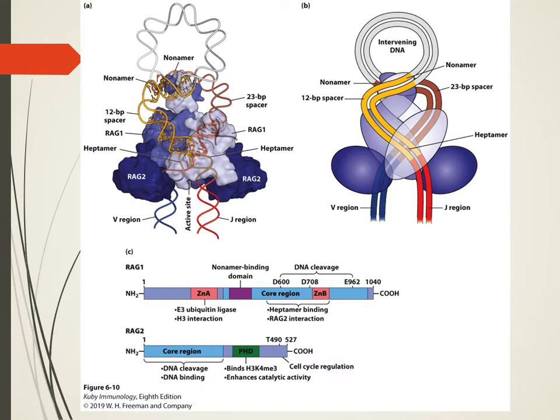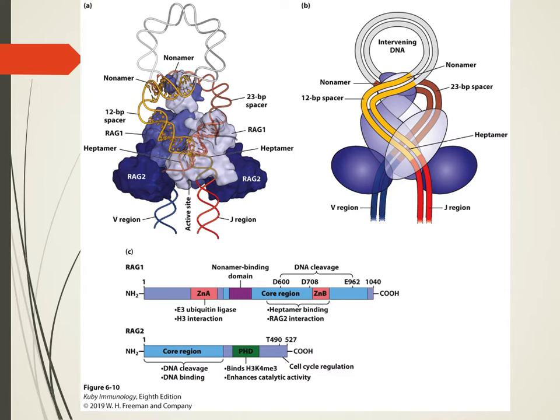So then we end up getting this kind of loop where we have our nonamer. So that loop ends up getting spliced out. So again, we've anchored where we have our RSSs, our recombination signal sequence, and it's RAG1 and RAG2 that are holding that together.